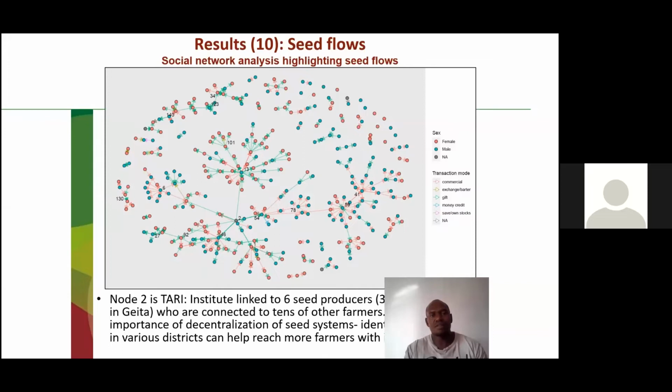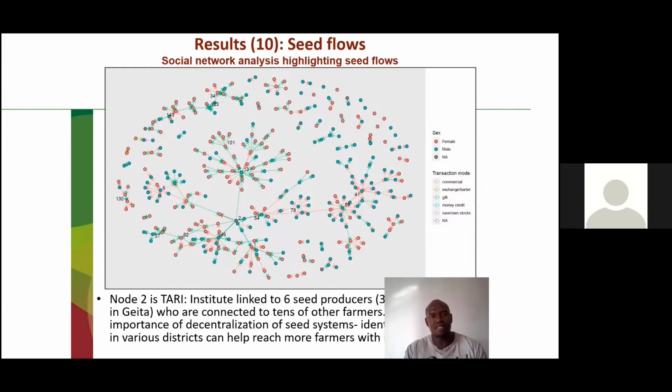The other thing to note from this network is the type of transactions. The red arrows are transactions that were commercial, that is, cash-based. And the green are transactions that were gifted. As you can see, from TARI to the rest, the initial seed that was given there was through gifts.